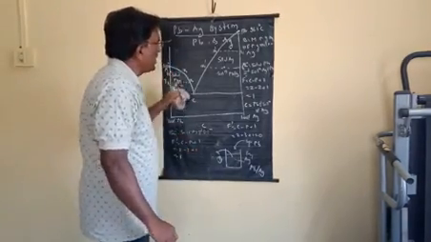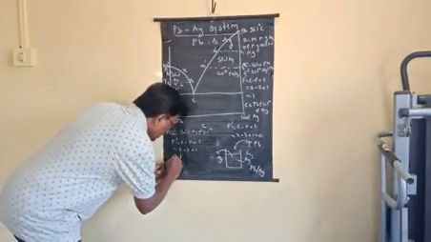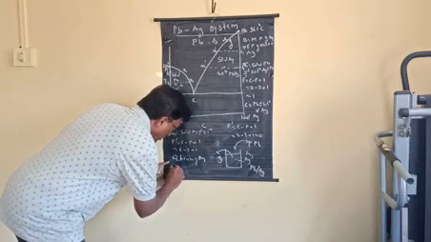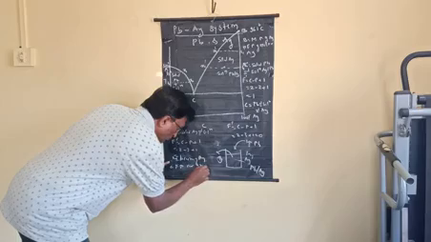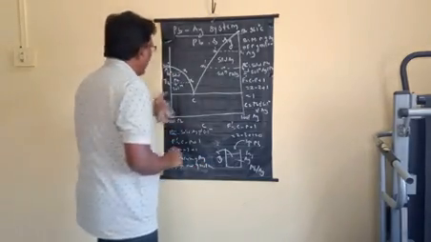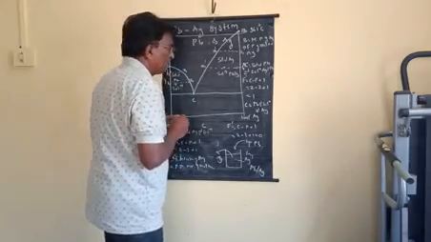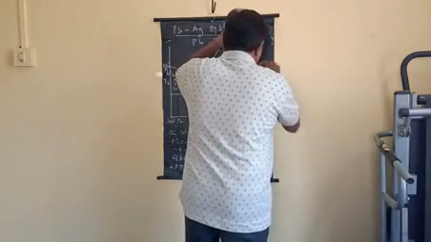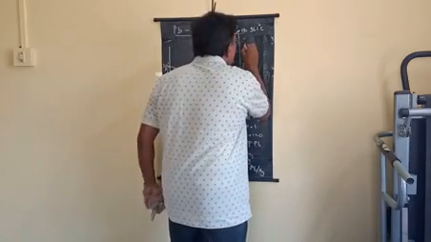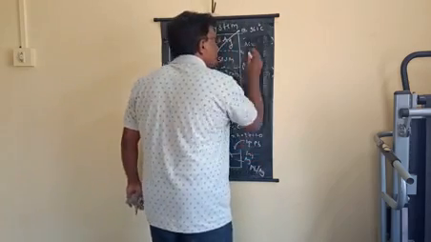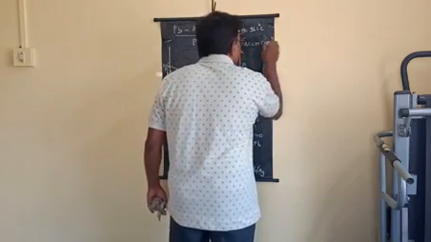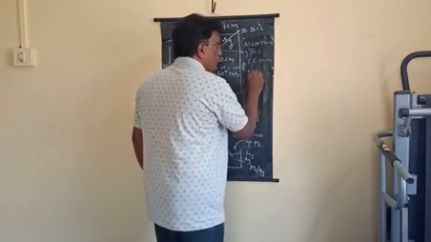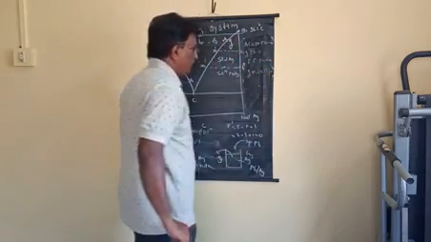Now this curve BC is called the melting point curve of Ag or freezing point curve of molten Ag, and this curve AC is called the melting point curve of Pb or freezing point curve of molten Pb.